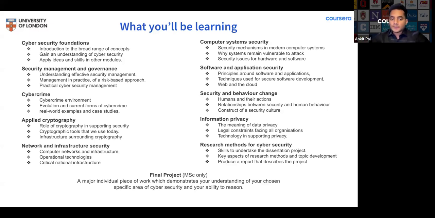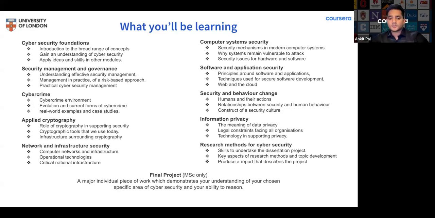In the application security module, it will help you investigate secure software development and vulnerabilities, alongside the impact of human behavior on security in the security and behavior change module. You would also learn about the critical aspect of information privacy. Research methods for cybersecurity will help you with all of the tools or instruments required to be a cybersecurity professional after you've completed the degree.